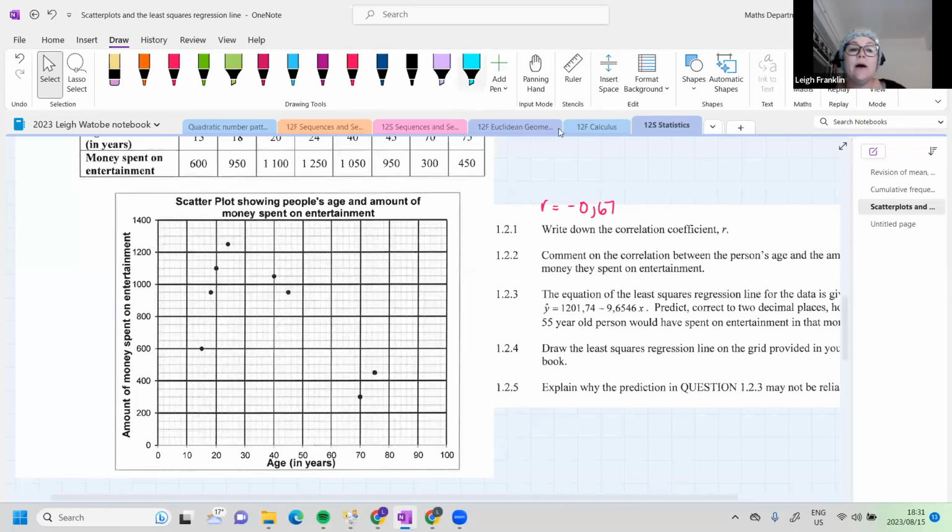Here we would not say that a person's age and how much money they spend on entertainment are closely correlated. 0.67, even though it's negative, it is not a strong correlation. It is a far more moderate correlation.